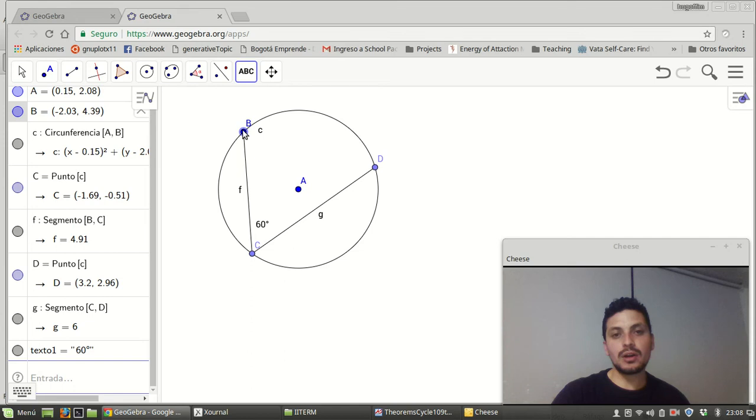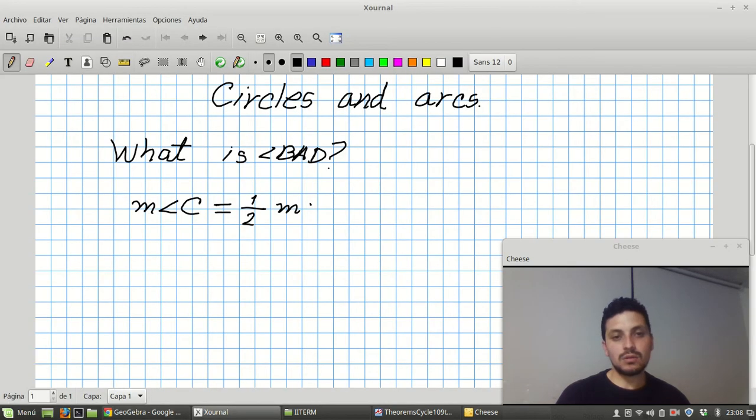We're talking about the arc BD. Okay, this is what we're talking about. That the measure of the angle C is a half of the measure of BD. And the measure of the angle C is 60.